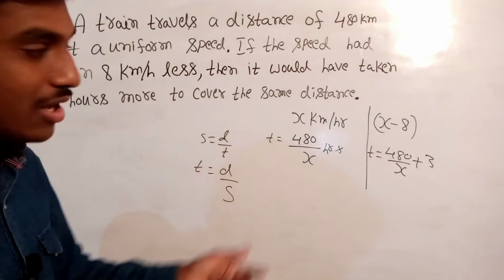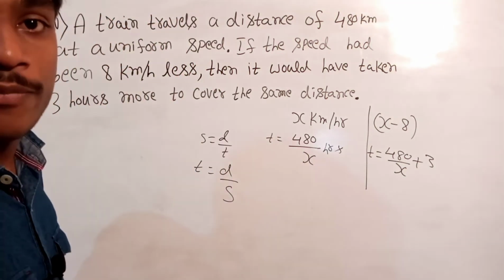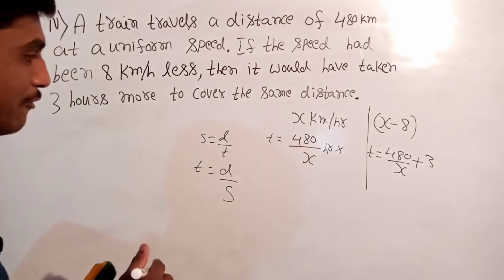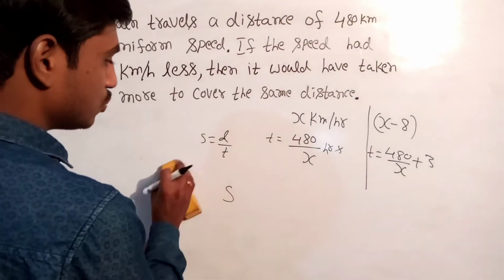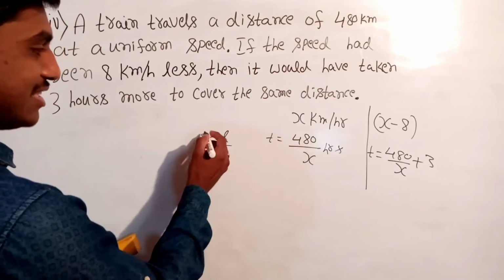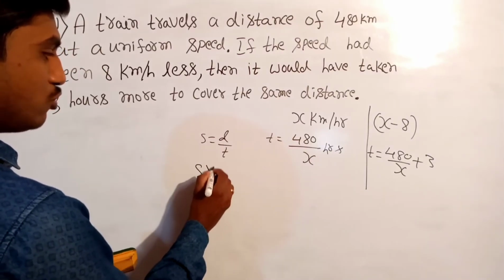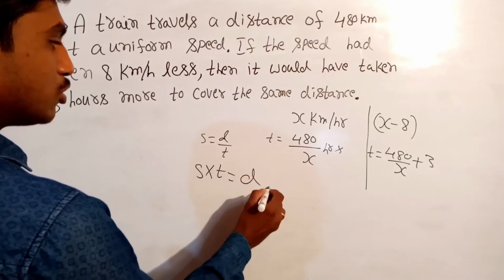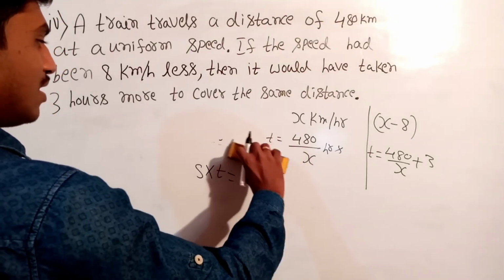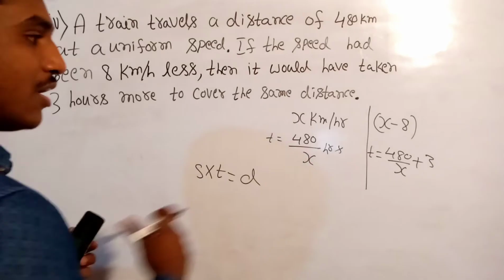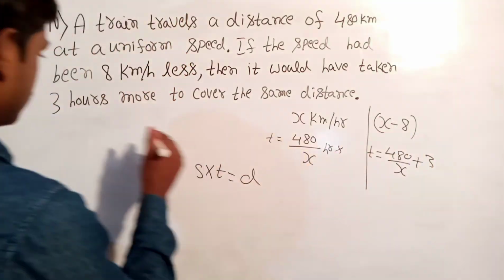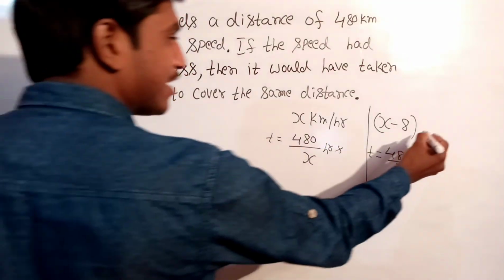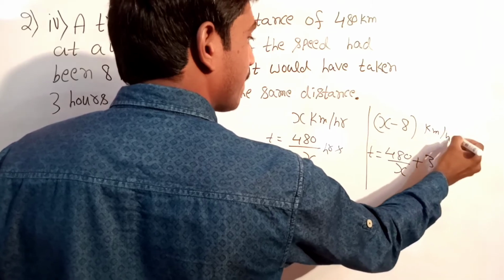Now we need to represent this in terms of a quadratic equation. If you observe here, speed is equal to distance by time. So speed into time, if you multiply speed into time, that will be equal to distance. Now what is the speed? Speed is x minus 8 kilometer per hour.